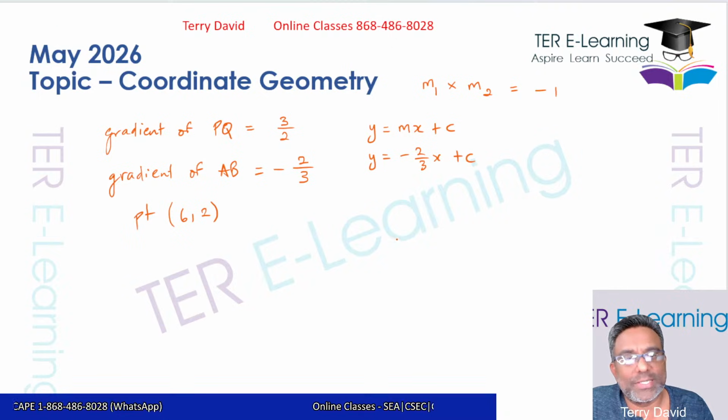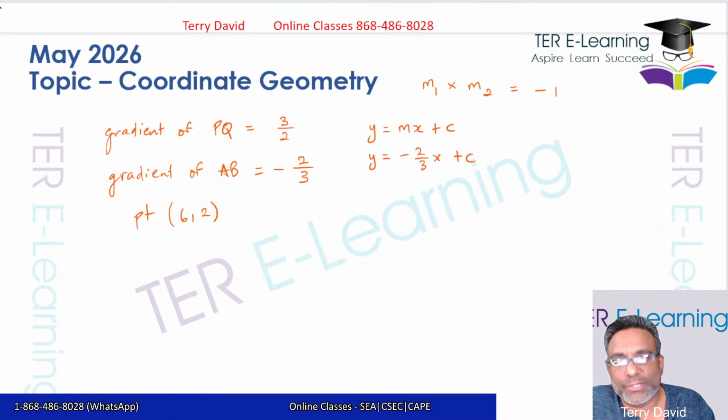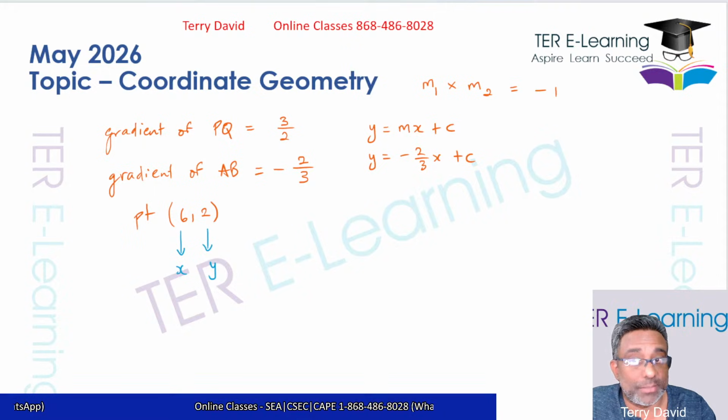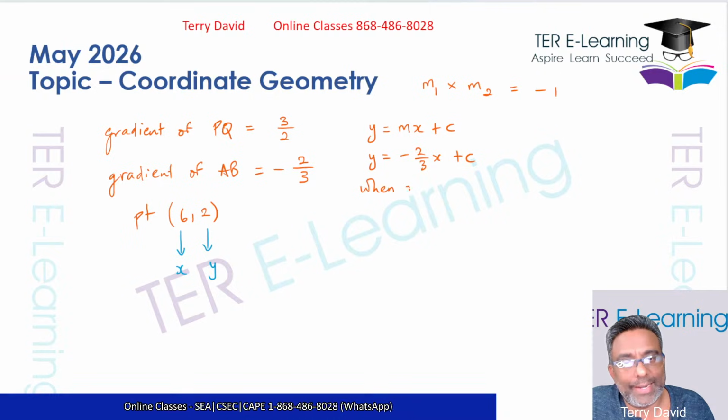But we need to figure out what c is. Since we know that the line passes through the point (6, 2), it means that x is equal to 6 and y is equal to 2. So we're going to substitute those two values to figure out what c is.